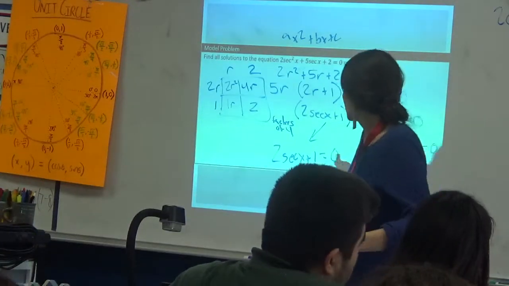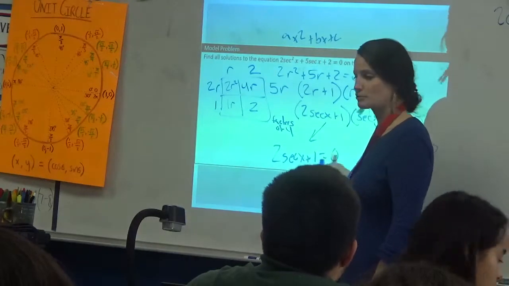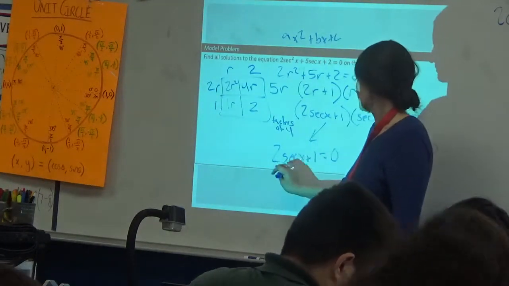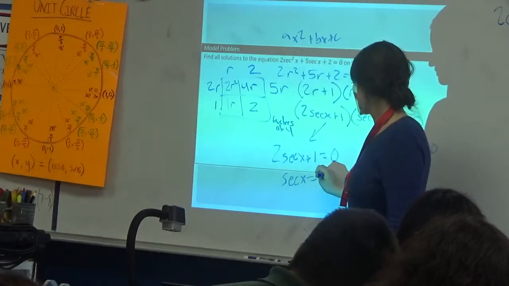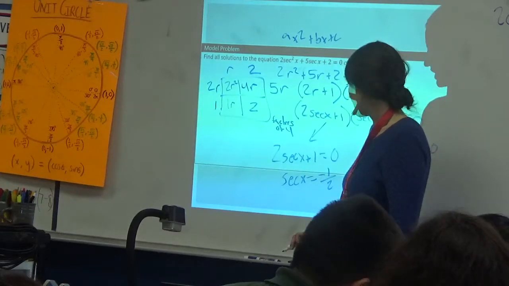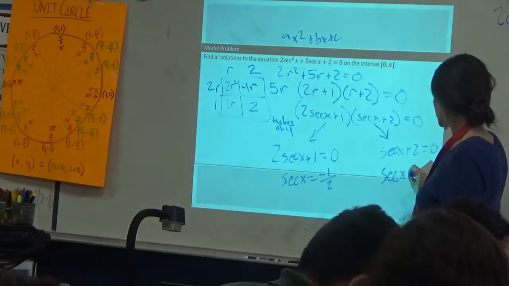Okay. Solve for secant, so subtract 1, and then divide by 2. Secant x should be -1/2. And over here, secant x equals -2.